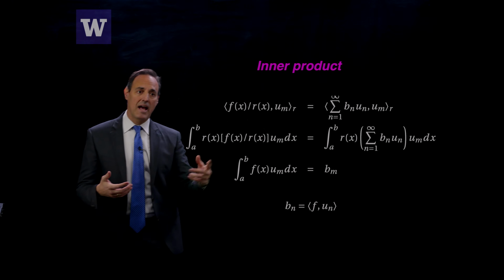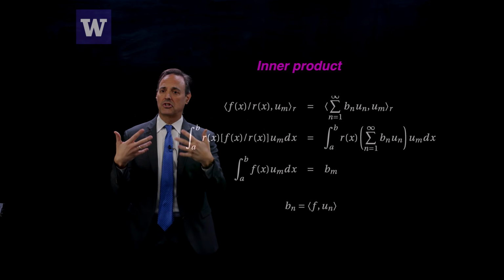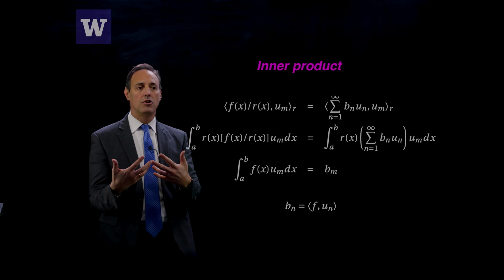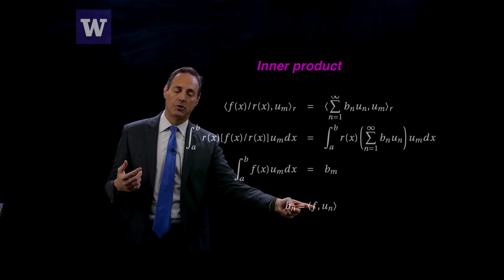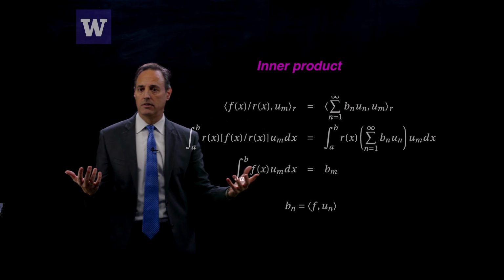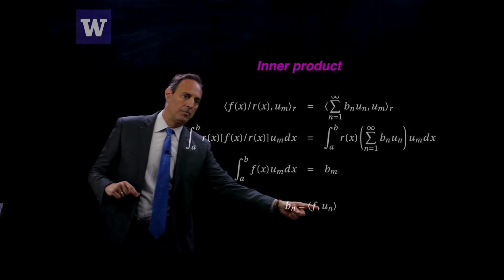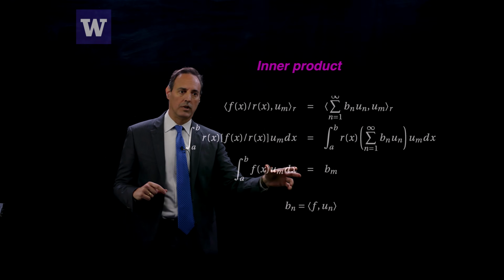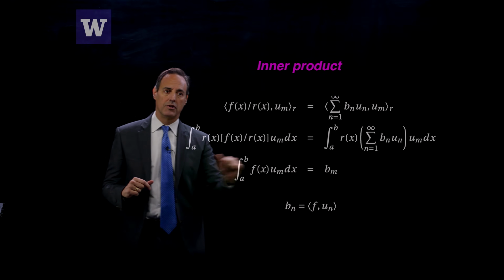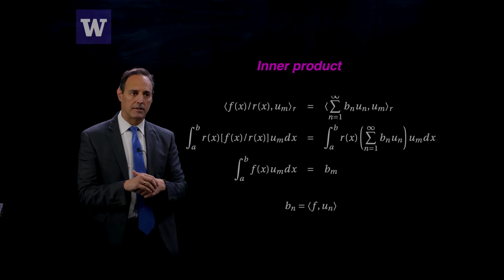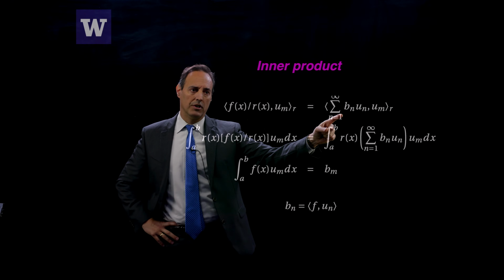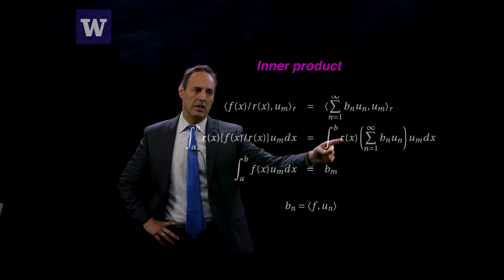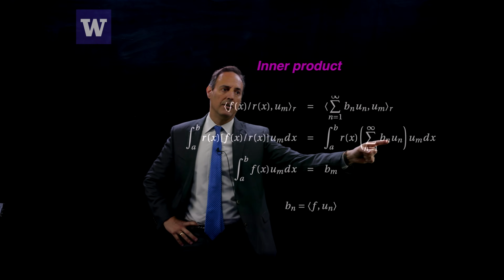Now this f of x, u of m is just the standard definition of the inner product. In other words, this is just f projected against u of m, without the little subscript r on the norm. This is our standard definition of the inner product without the r of x. Now over here, when I do this expansion, notice that this is now the integral r of x, b of n, u of n, u of m.